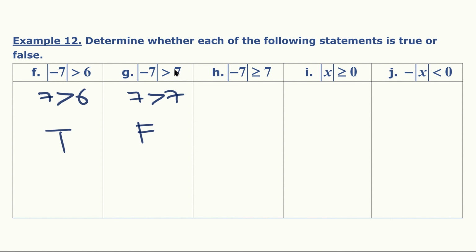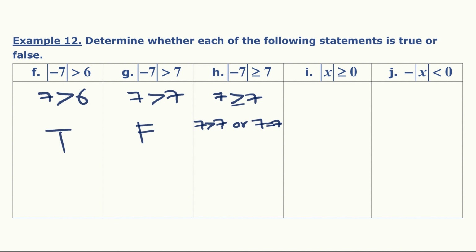Now, be very careful not to quickly jump to the conclusion that this one is false as well. Because remember, this means 7 is greater than or equal to 7. Remember, that translates into 7 is greater than 7 or 7 is equal to 7, right?